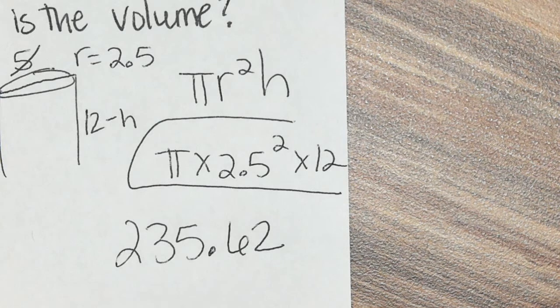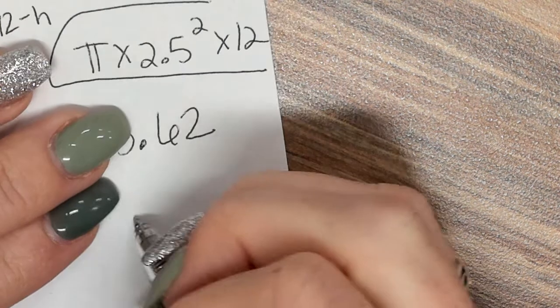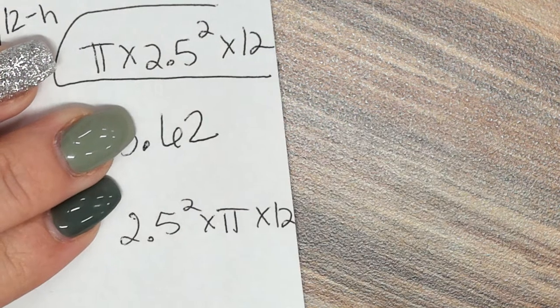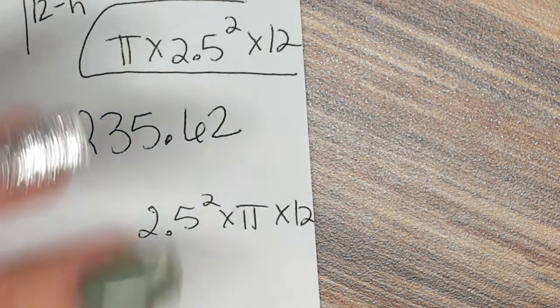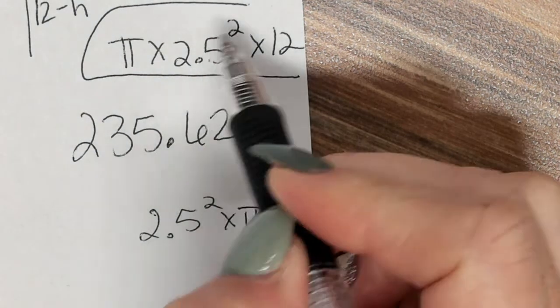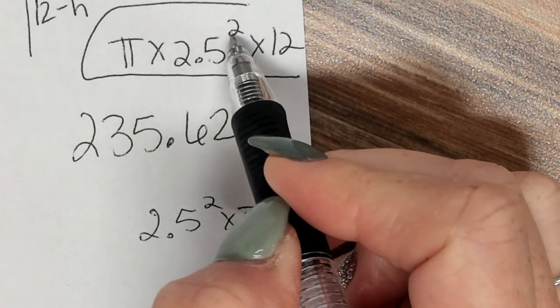What's 3 times 2? 6. So do you get the same answer? So does it matter what order it's in? Could I have written 2.5 squared times pi times 12? Would I get the same answer? They do not have to be in the correct order, but what has to happen is the radius has to have the exponent of 2.